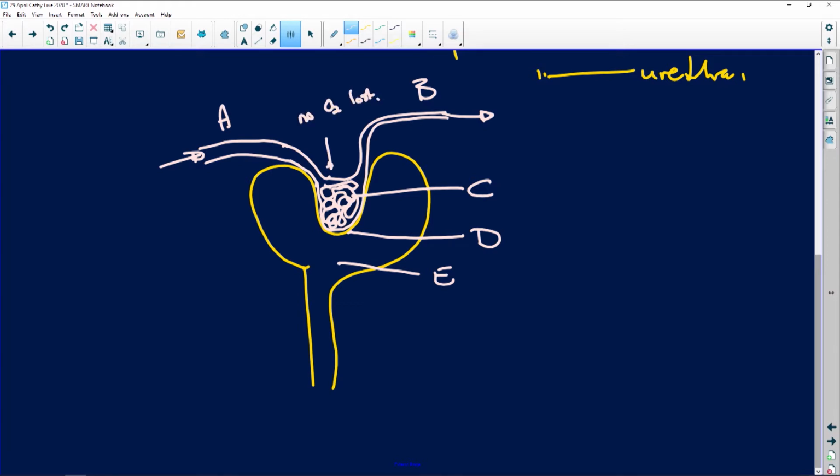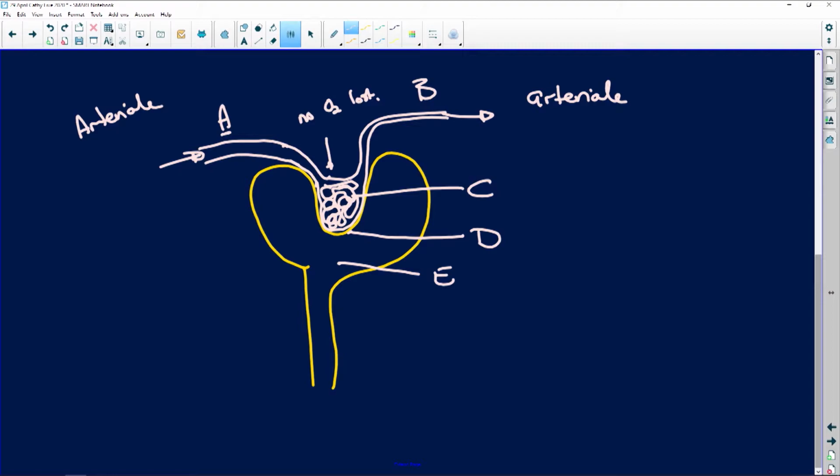Okay, which means that this is still an arteriole, and this is also an arteriole.